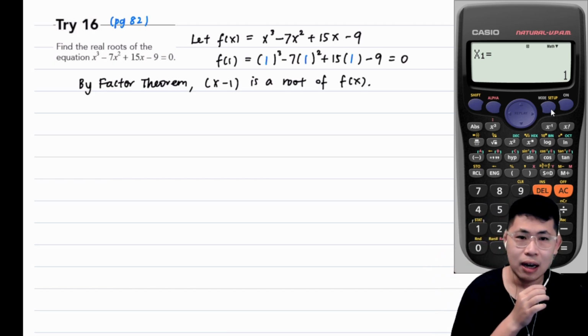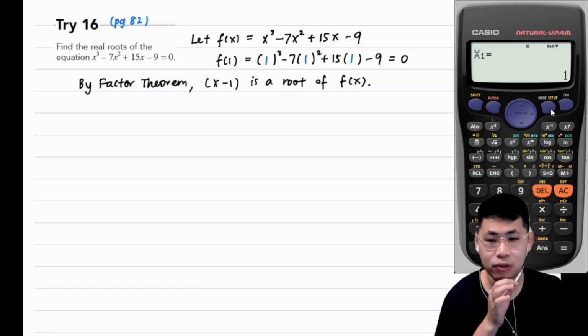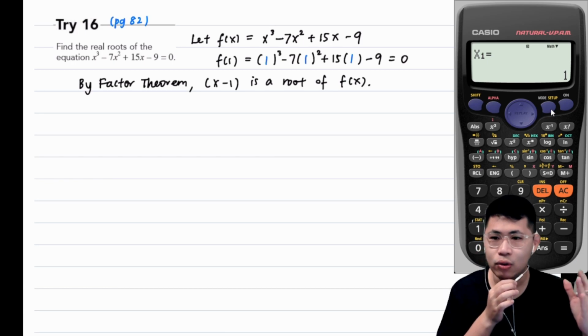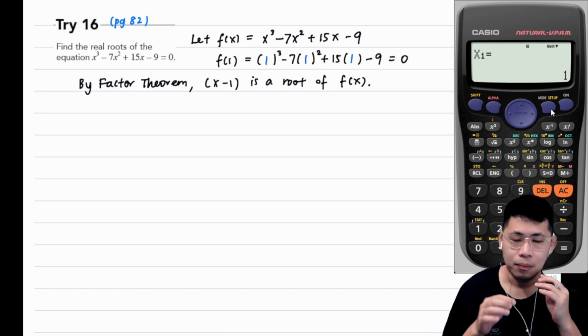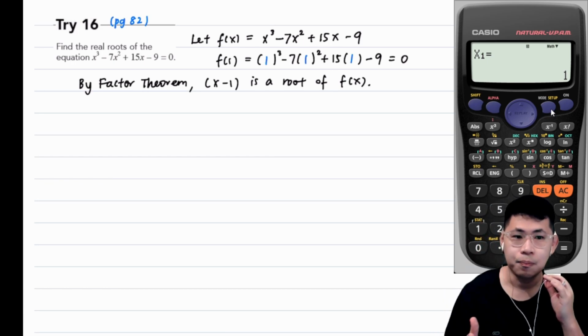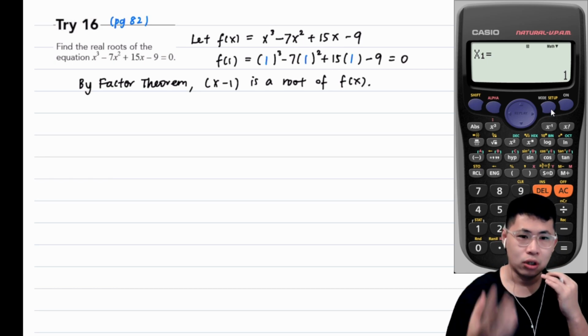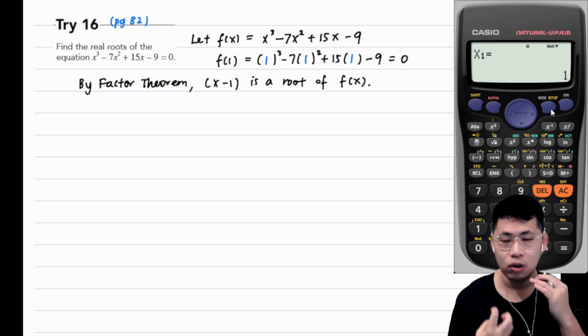Here I'm just going to use the comparing coefficients method because it's the shorter method. By default, if you want, you can do the long division. That will be the easier mode to handle. For me, I prefer the shorter and more efficient method, so comparing coefficients is stronger for me.